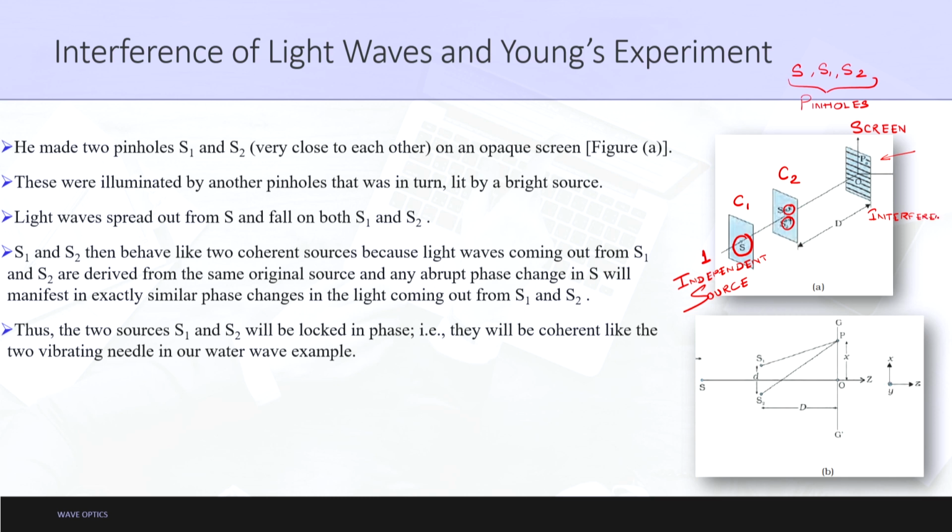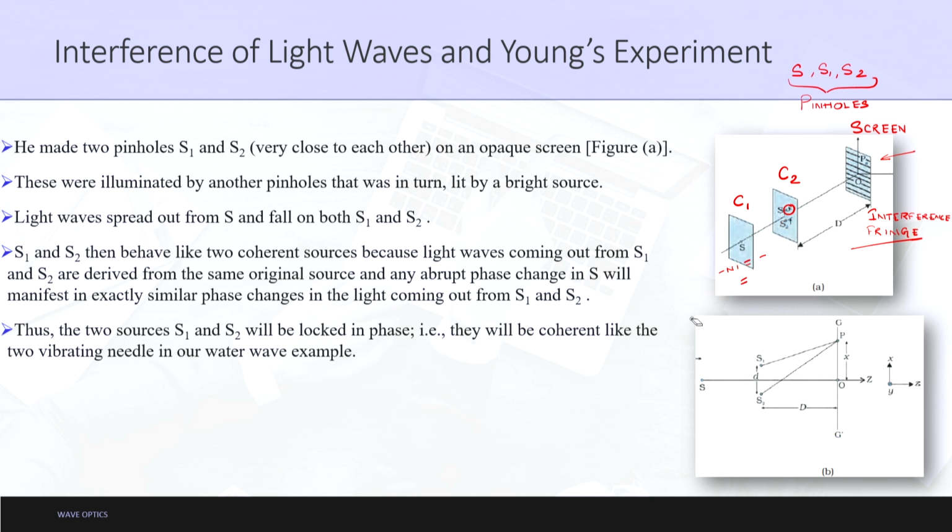Interference fringes are formed; I explained in the last slide what an interference fringe is. So this is the explanation of the first diagram, and the second diagram I will explain with the mathematical formulation.